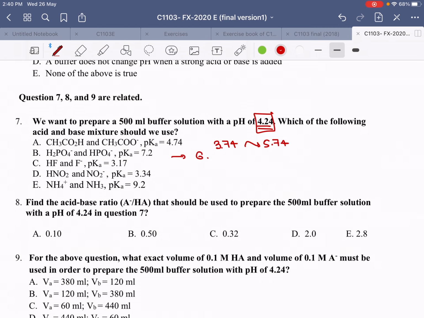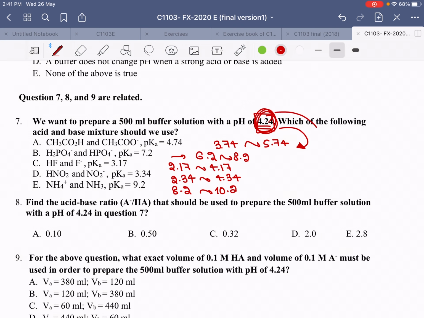7.2 يعني عندكم من 6.2 لل 8.2. عندكم من 2.17 لل 4.17. من 2.34 لل 4.34 ومن ال 8.2 لل 10.2. شوفوا هيدي ال 4.24 وين بتكون موجودة. هي موجودة هون. اوكي كمان موجودة هون بس it is على limit.